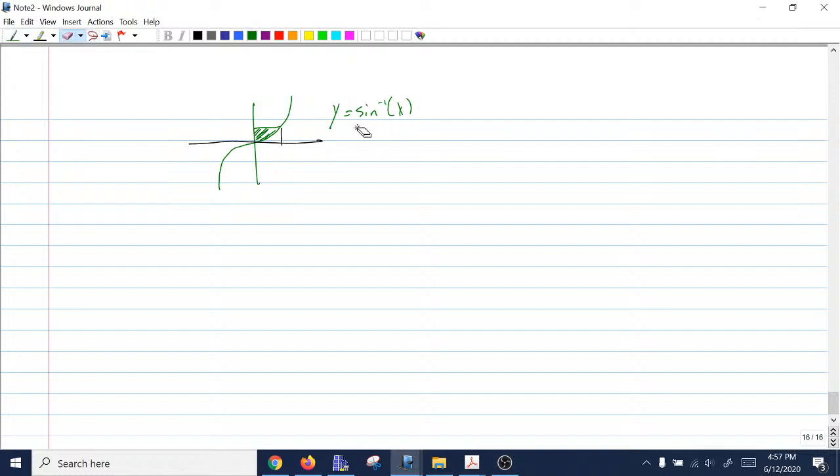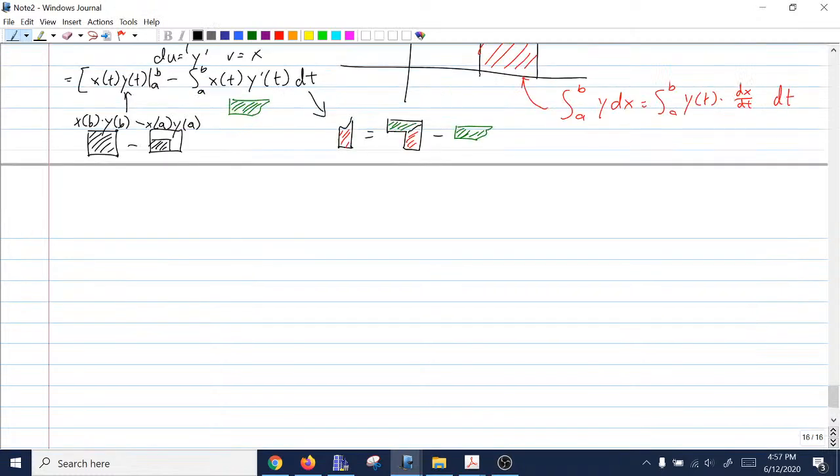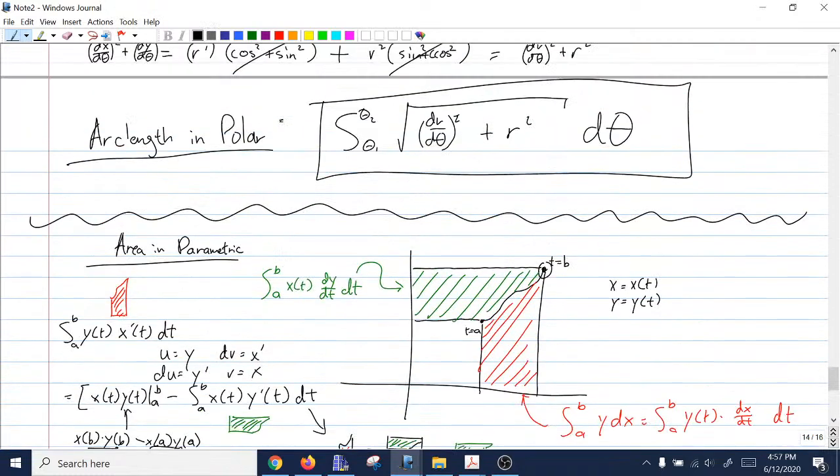The way you integrate sine inverse x is to use integration by parts, which will turn out to be something like that. It's like geometric circumstances where switching the parameter, switching the x and the y, turns a function that's hard to integrate into something that's easy to integrate. And working the integral out that way is basically what integration by parts does. Okay, that's my pretty integration by parts picture that I like.